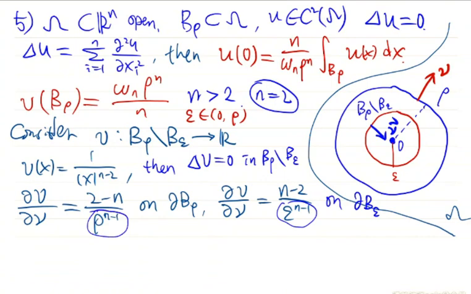And the direction of nu is outward and inward, therefore they differ by a minus sign. So here is 2 minus n, but here is n minus 2.